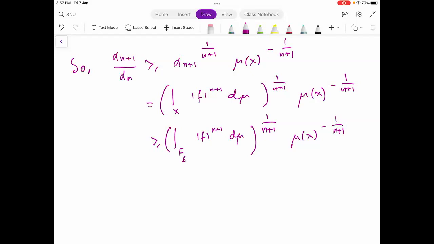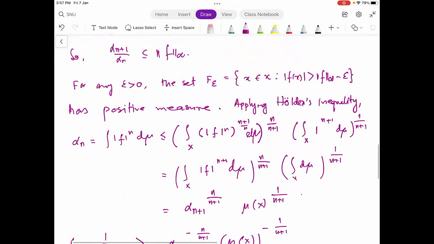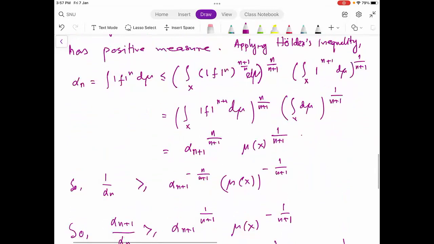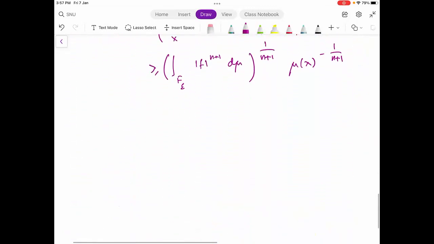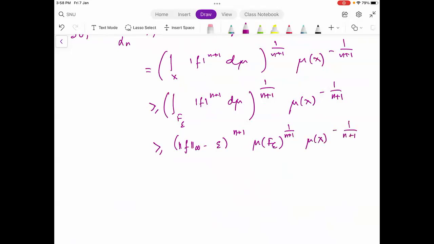I should have introduced f epsilon only at this stage. F epsilon is that set on which mod f x is bigger than norm f infinity minus epsilon. So consequently here, this mod f is bigger than that, so it is greater than or equal to norm f minus epsilon, and the whole thing of course now comes out, and then you have mu f epsilon to the power 1 by n plus 1 mu x to the power minus 1 by n plus 1.